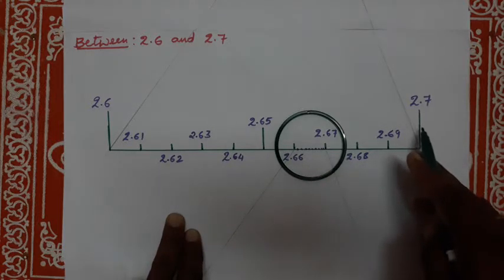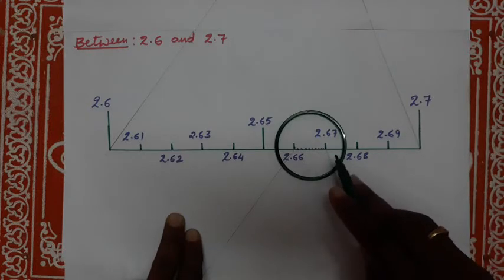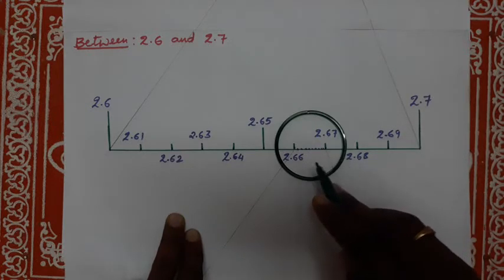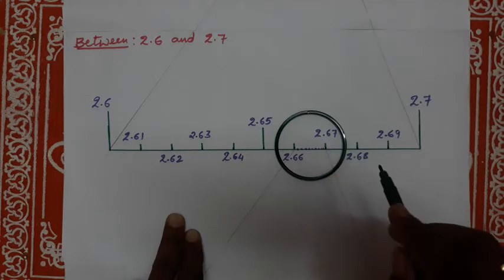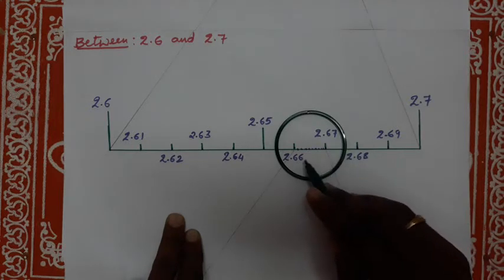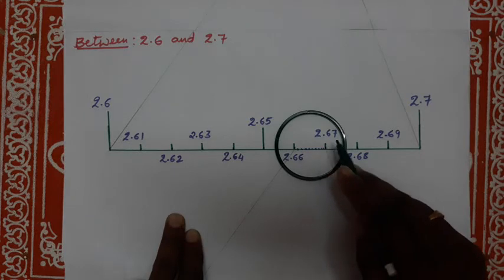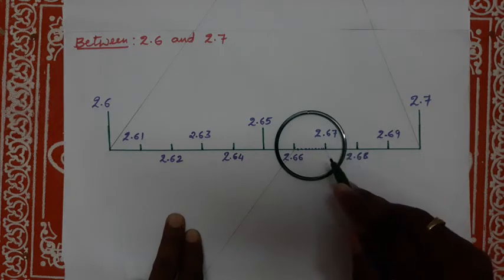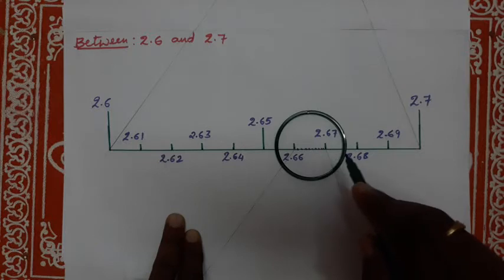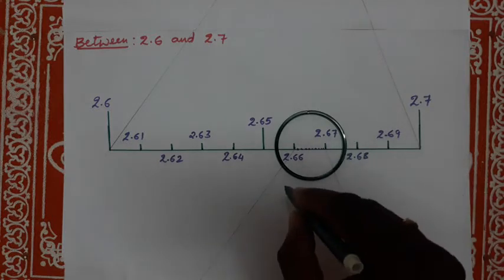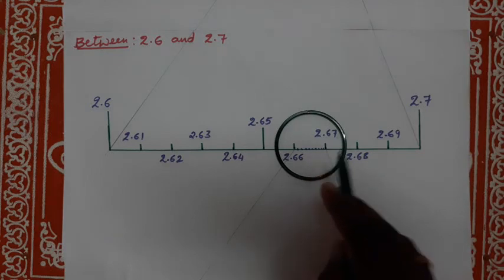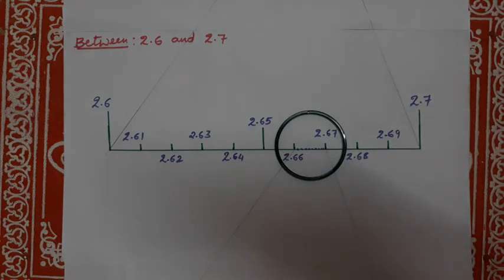Let us focus on this portion of the number line from 2.66 to 2.67, because 2.665 lies between 2.66 and 2.67. Let us imagine dividing it again into 10 equal parts. We magnify it to see it better in this figure.